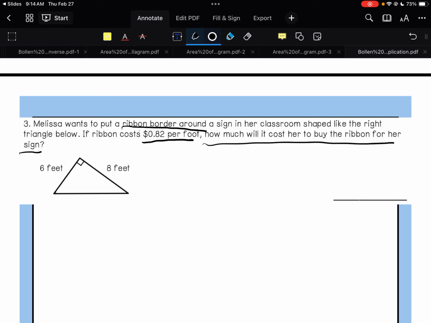They gave you 6 and 8 here. So you're trying to find this one. So you go A, B, and across from it is C. So you have A squared plus B squared equals C squared. You have 6 squared plus 8 squared equals C squared.